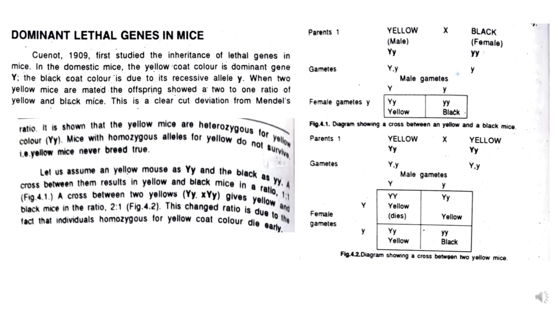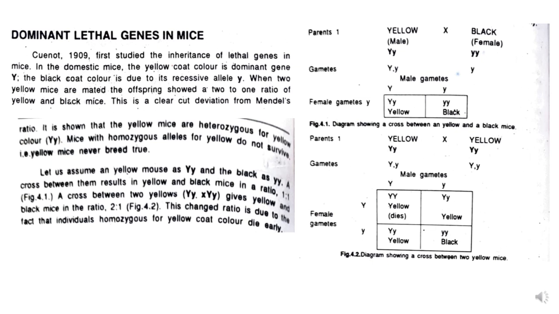Now, when two yellow mice which are heterozygous are crossed, instead of 3 to 1, we get only a 2 to 1 ratio. Here you can see that in this cross, the 2 to 1 ratio is because the homozygous dominant for yellow color dies.